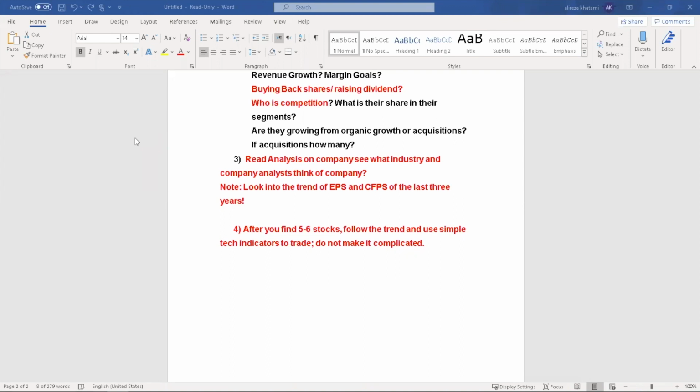So I bought Zoom shares, and look at the pandemic right now. Everyone's on Zoom. So part of fundamentals is to look around you and see if there's any publicly traded company that has a positive impact in your life, and use that as a starting point to do fundamental analysis.